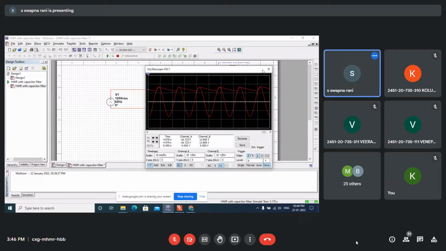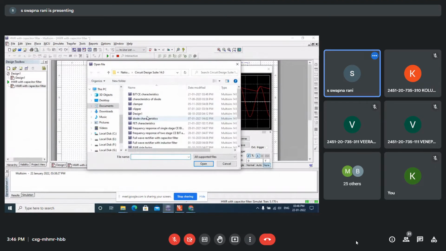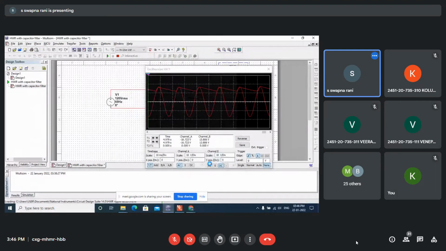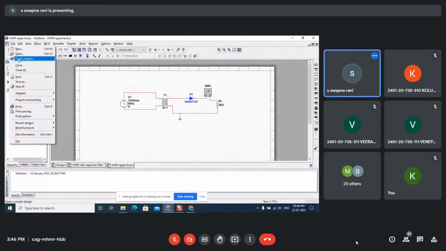And we will go to the half wave rectifier ripple filter. The same file I will save it as.